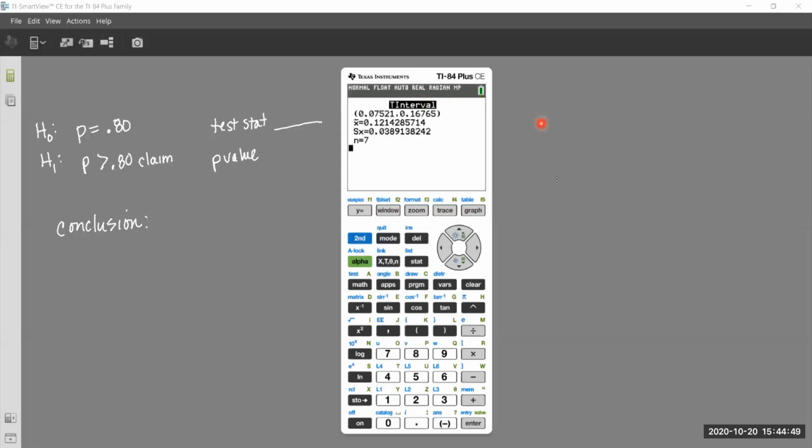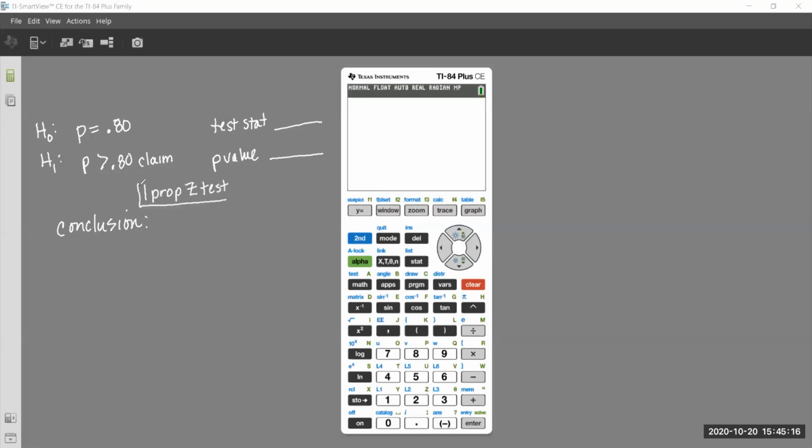So we're back, and I have the calculator here. Let me just clear out what we have. I wrote down our null and our alternative hypothesis statements, and we're going to do this same problem using the calculator. So when we go to use the calculator, the first thing you'll notice, we are doing a 1 proportion Z test.